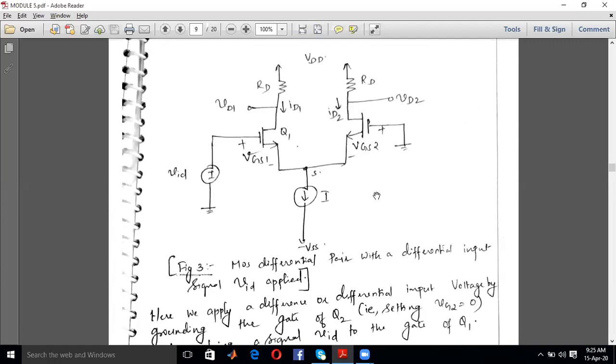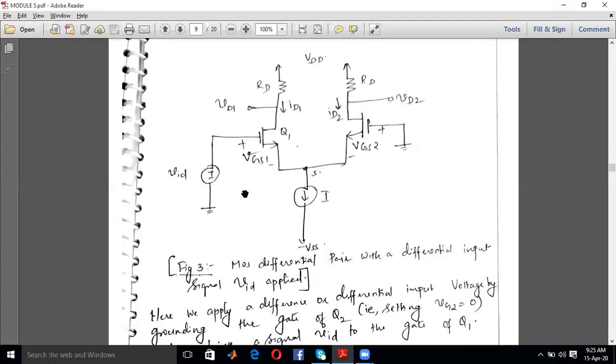But in this case, you are providing a change in the input voltage between the two transistors, with respect to the gate of the other transistor. If VGS1 is the input to the first transistor and VGS2 is the input to the other, then the difference is VID, which is given as a symbolic representation like here. So VID is nothing but VGS1 minus VGS2. This is the actual differential input we are giving to the amplifier.